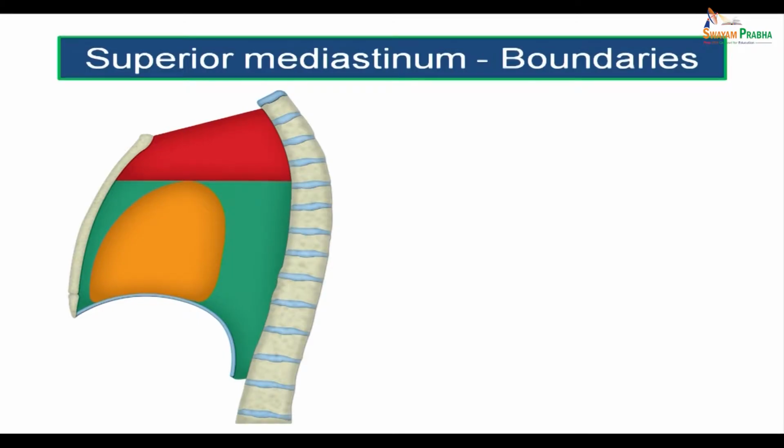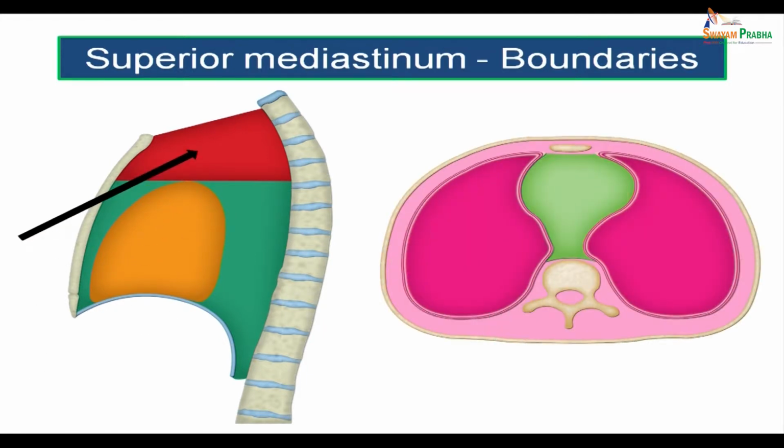Now coming to the superior mediastinum, let us look at the boundaries of the superior mediastinum. Superior mediastinum is bounded anteriorly by the manubrium sterni, superiorly by the inlet of the thoracic cage, posteriorly by the upper four thoracic vertebrae and the intervening intervertebral discs, and inferiorly by the imaginary plane which separates it from the inferior mediastinum.